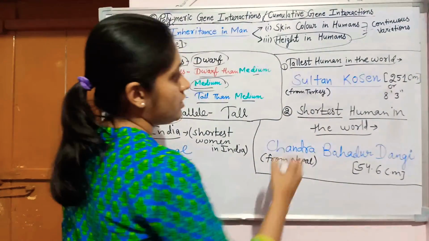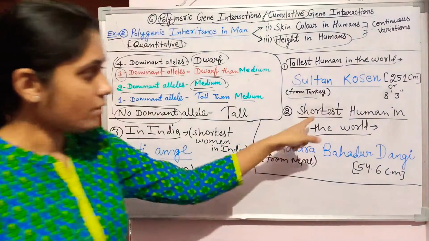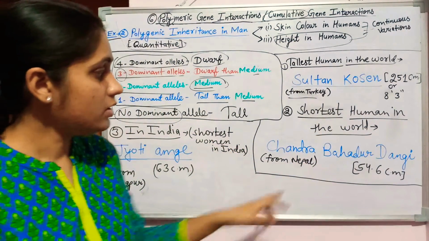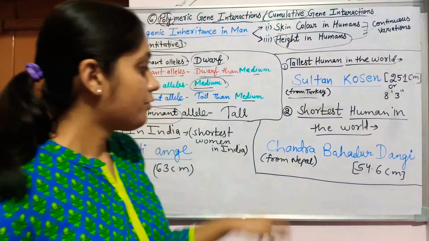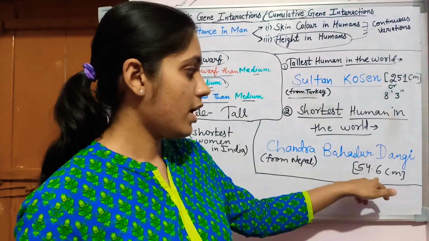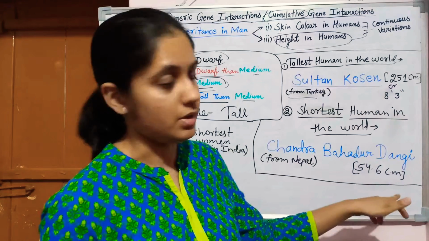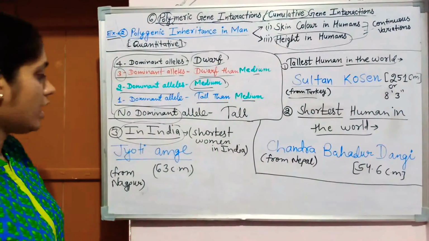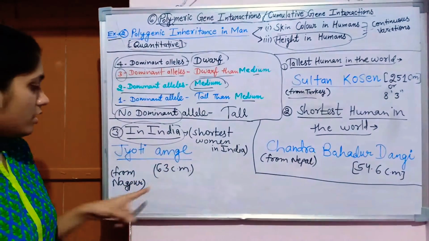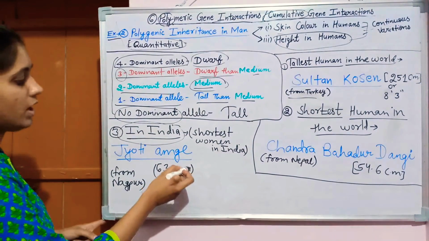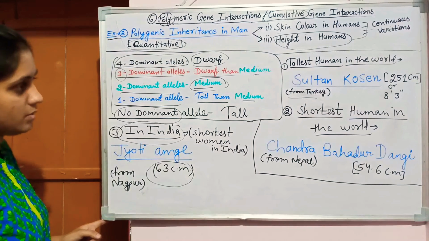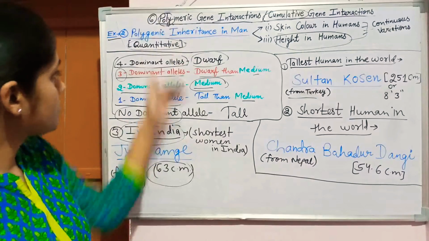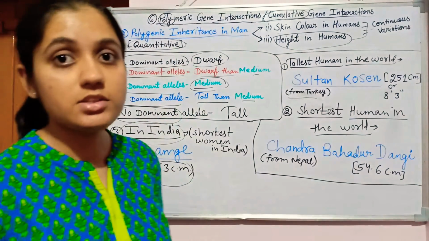And the shortest human in the world is Chandra Bahadur Dangi from Nepal, whose height is 54.6 centimeters. And in India, the shortest woman is Jyoti Amge from Nagpur, whose height is 63 centimeters. Okay, so this is because of polygenic inheritance, the genetic character.